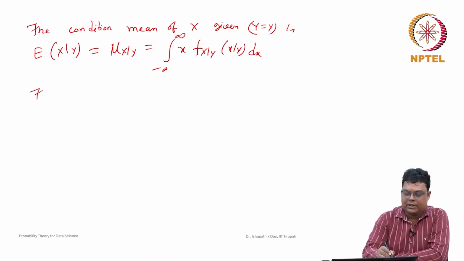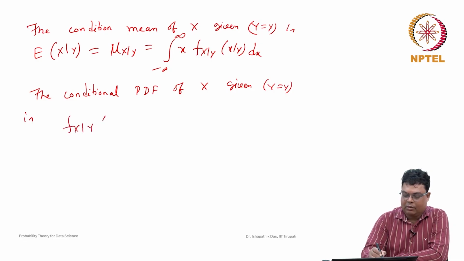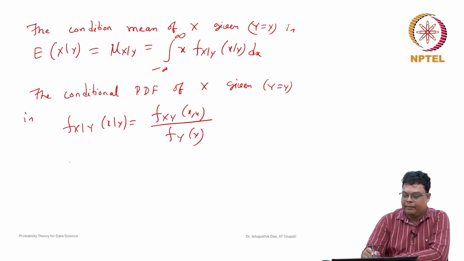So the conditional probability density function of x given y equal to y: first we have to find this conditional probability density function of x given y. This is the joint probability density function divided by f of y, y. Note that this is non-zero, so this is nothing but 2 by f_Y(y).